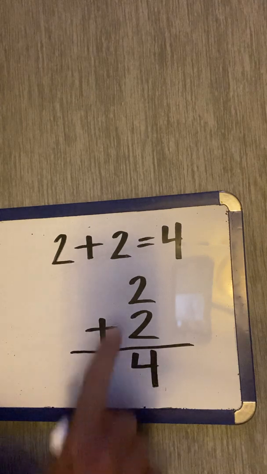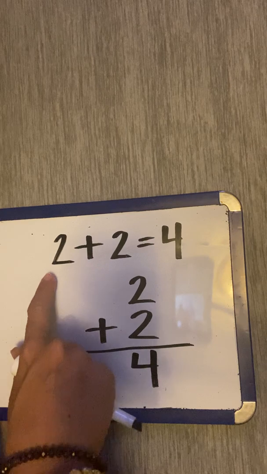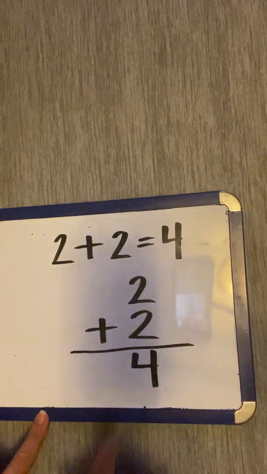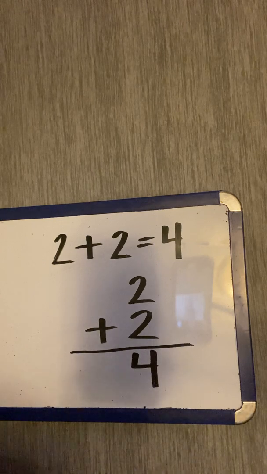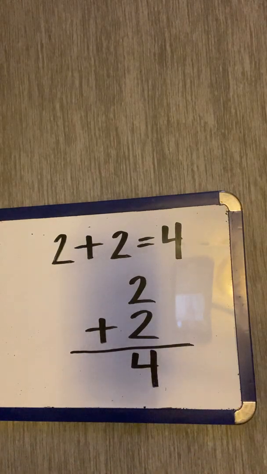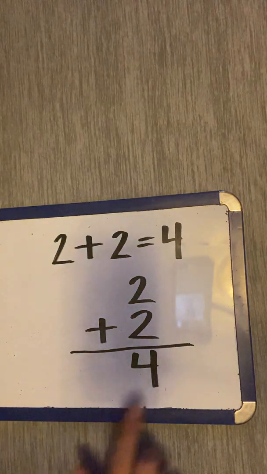Okay, either way, we're going to get the same answer or the same sum, whether we write it horizontal or vertical. Okay, so boys and girls, what you're going to be doing today on your sheet is simple addition, but you're going to be writing it horizontal, and then you're going to be adding in vertical form. Okay, all you're going to do is write the number that represents the set.